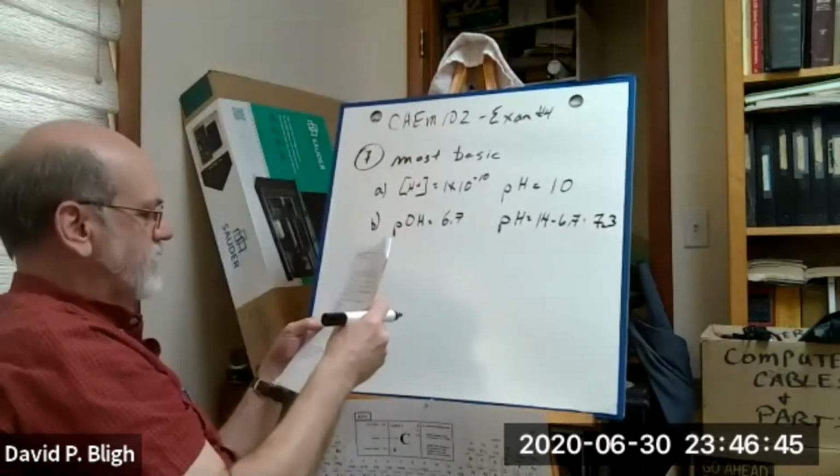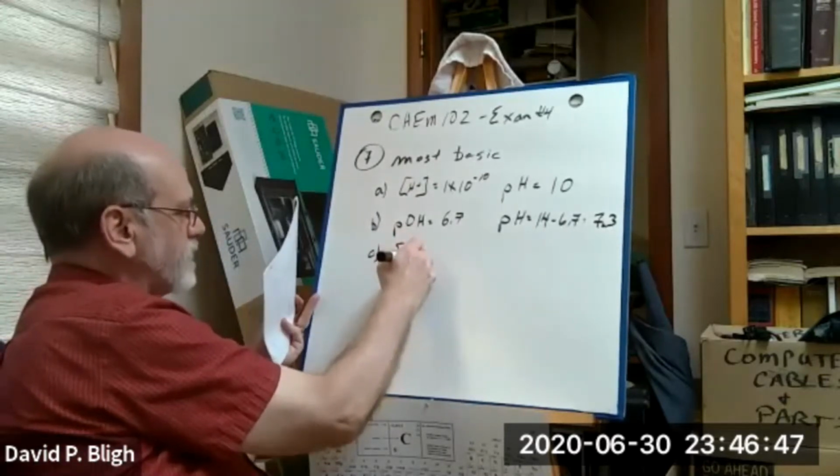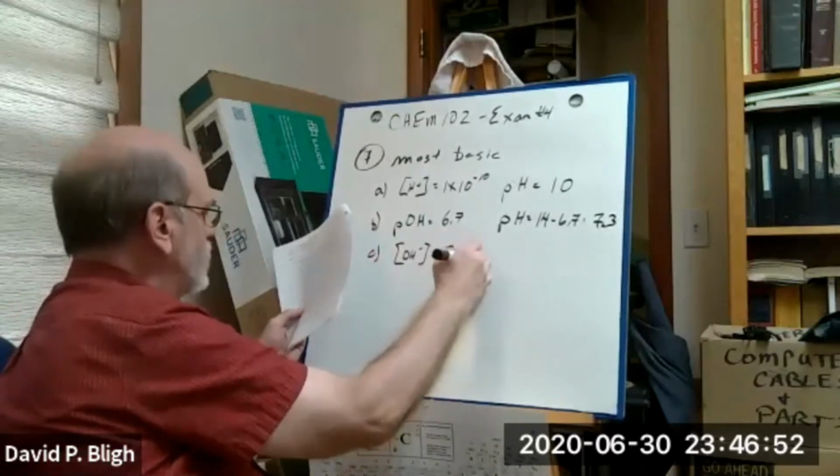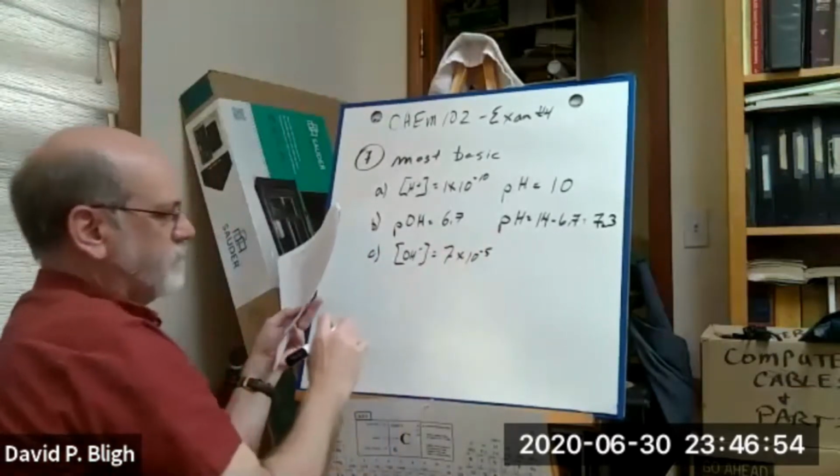How about C? The hydroxide concentration is equal to 7 times 10 to the minus 5. Okay.